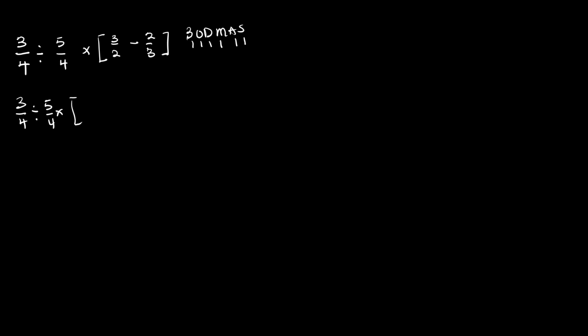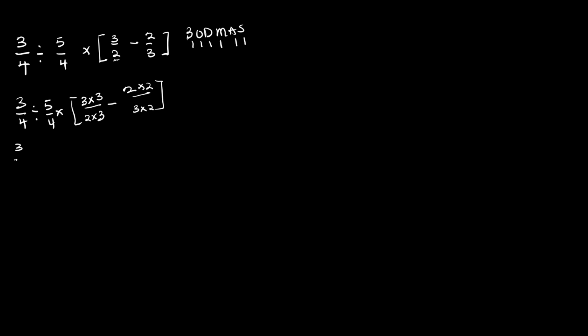So we are going to take the 3 here and then multiply it by the top and down. Okay, so let me just expand it so that you can get it. So 3 times this 3 all over 2 times the 3 here minus this 2 times the 2 here all over 3 times the 2 here, like this.